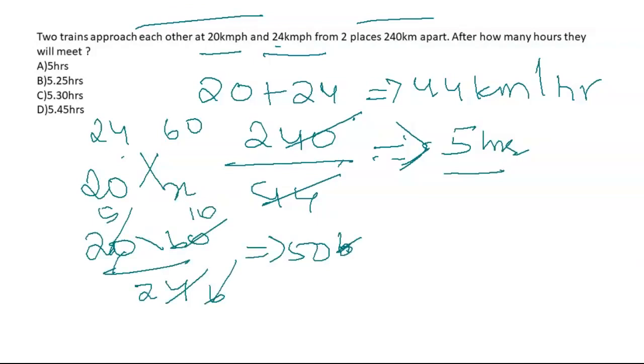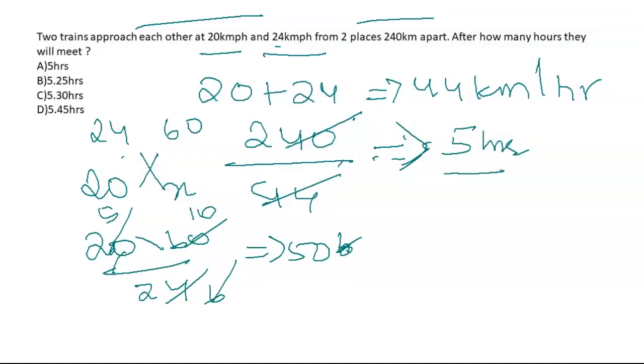So it's going to be 5 hours, 24 kilometers, 44 kilometers, 220 plus another 20 kilometers.